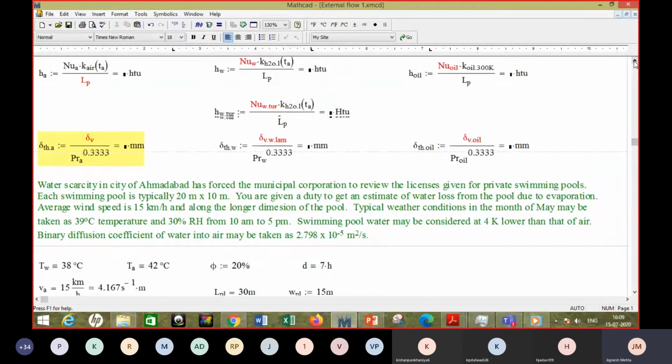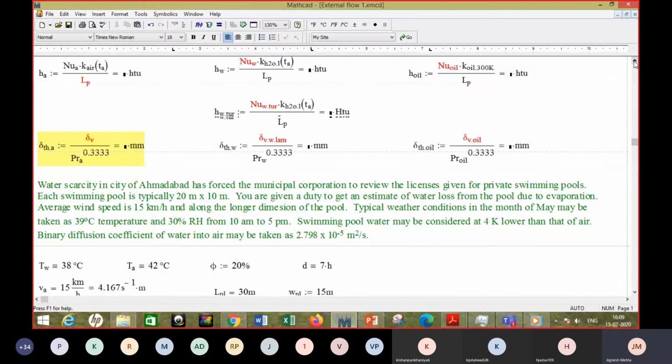So what you see is, say you're taking the example of a swimming pool and you're interested to know what is the water loss from the surface of the swimming pool. Now, why would there be a loss of water from the surface of the swimming pool?